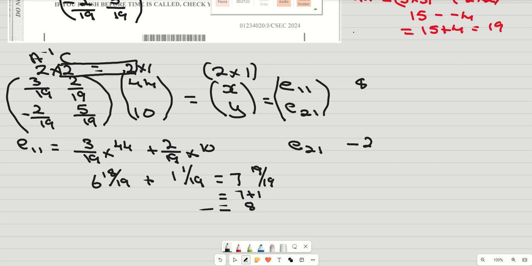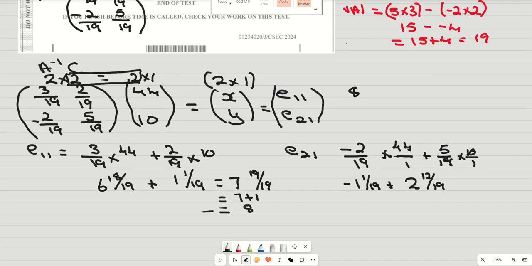So that's negative 2 over 19 multiplied by 44, plus 5 over 19 multiplied by 10. 5 over 19 multiplied by 10 is 2 and 12 over 19.